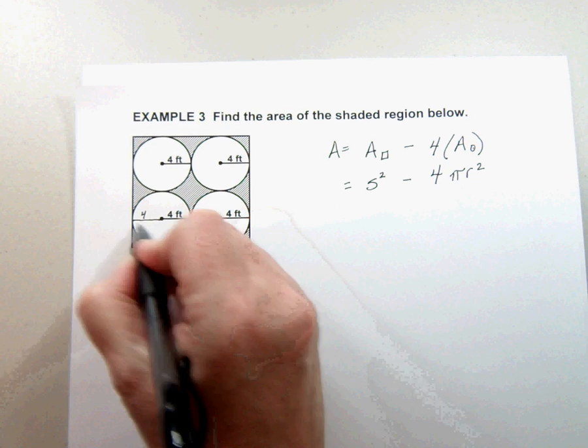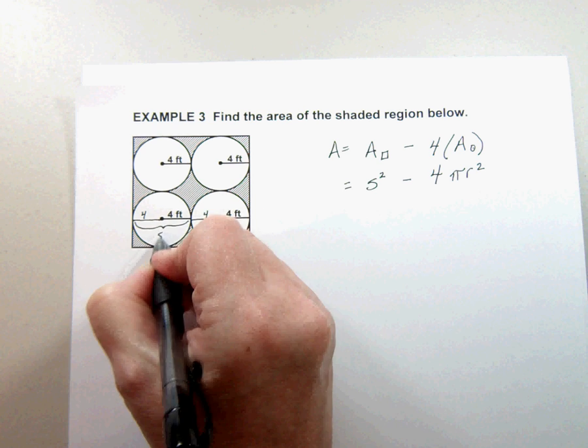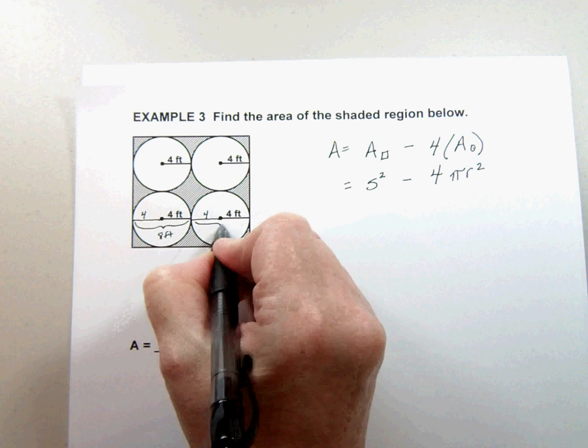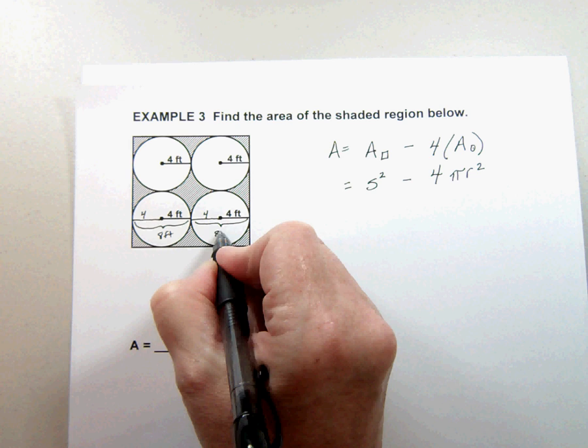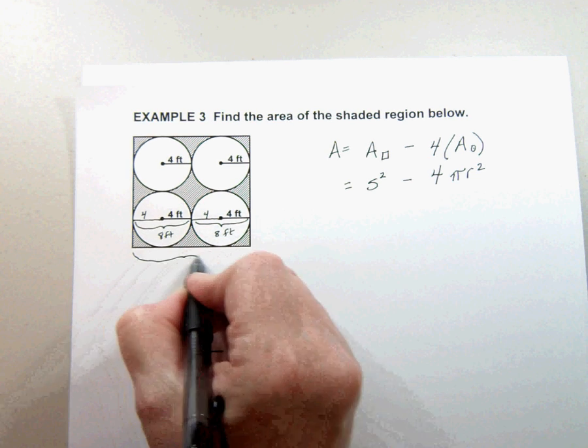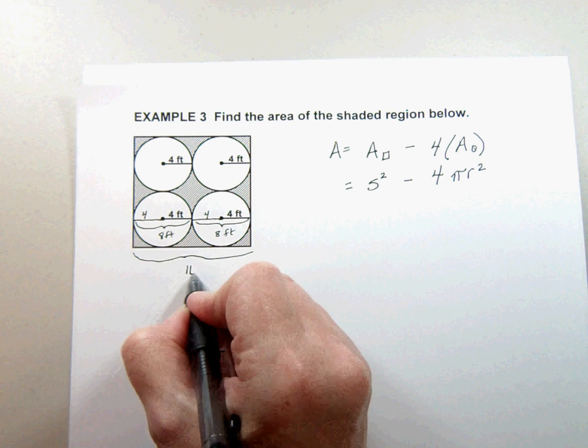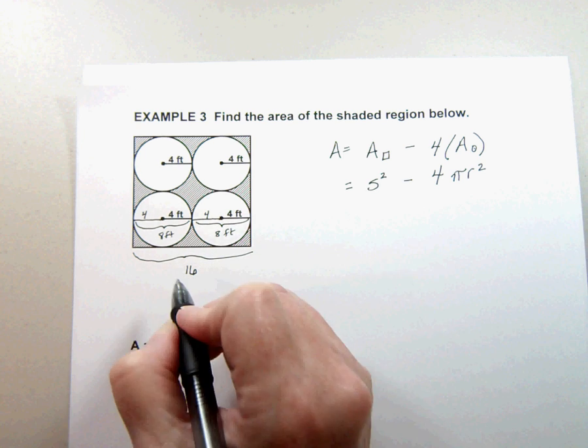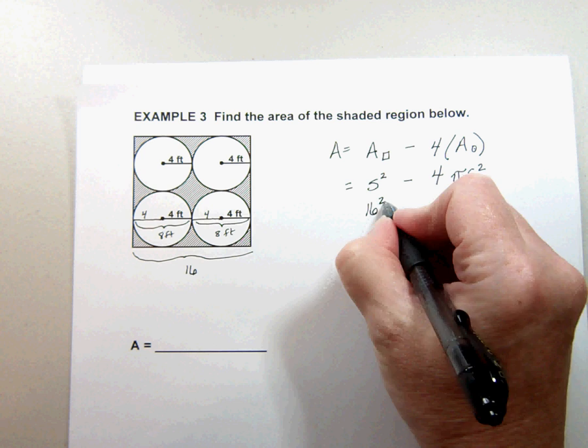feet, that means the diameter of each of the circles is 8 feet. That would mean the entire side of this square would be 16. So that's how we're going to find the area. You're going to square 16.